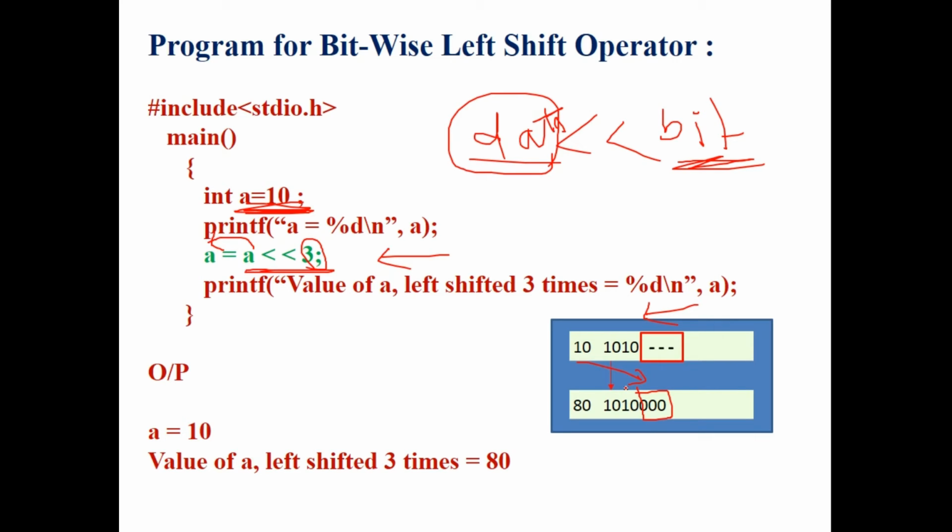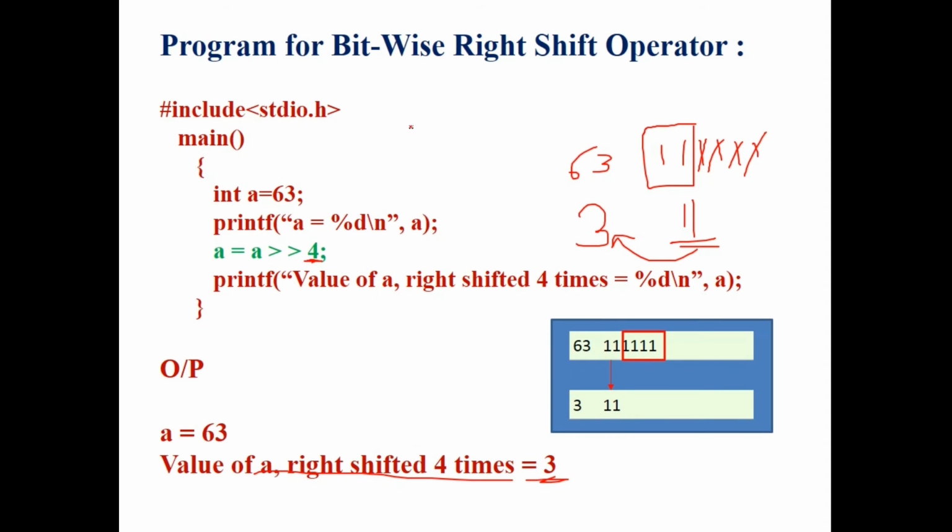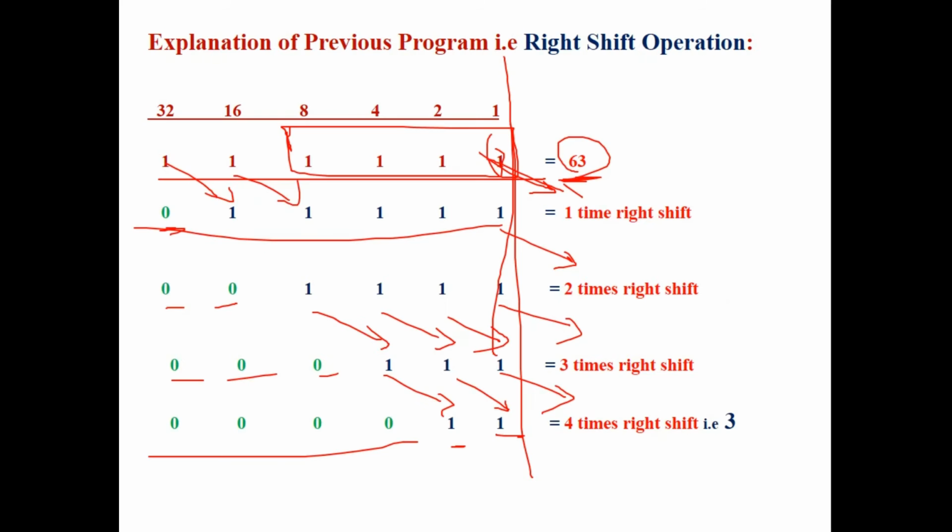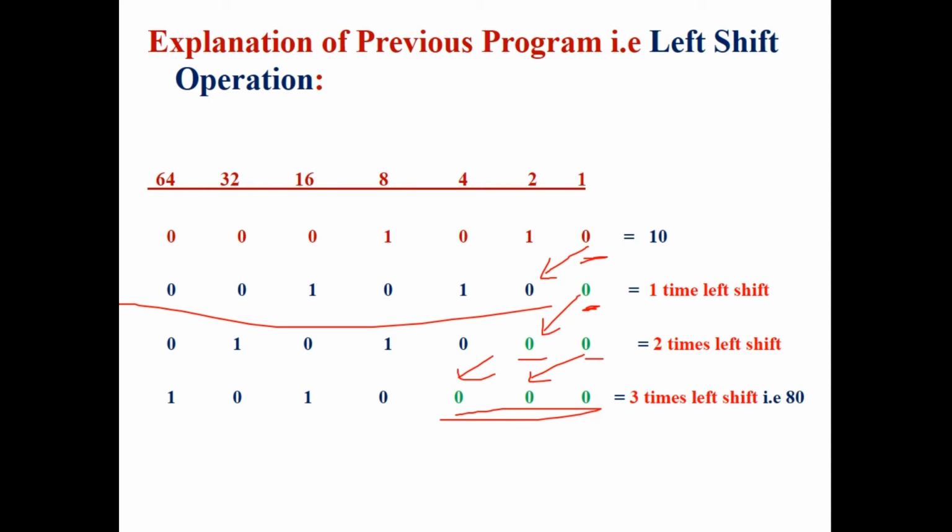So it will be 1010000, that is the number 80. Whenever you left shift any number, your result will be a greater value than your input, and whenever you shift any number towards the right, your result will be a lesser value than your input value.